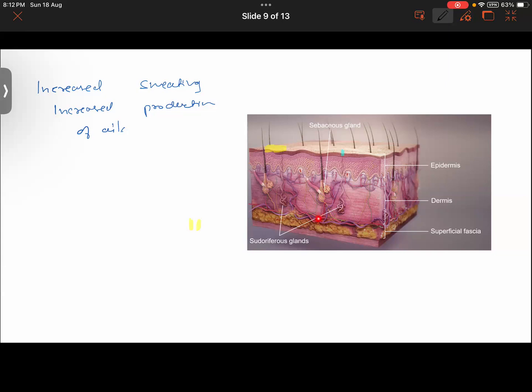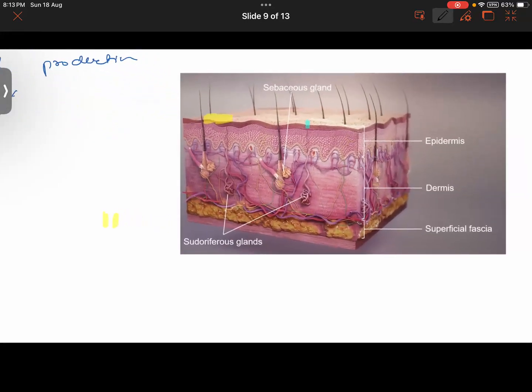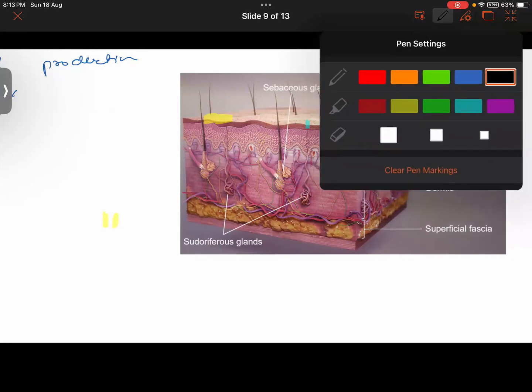Inside our skin there are different kinds of glands. These coiled tube-like structures that you see are called sweat glands.